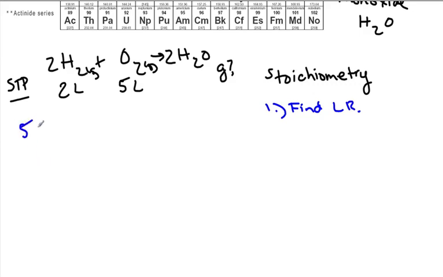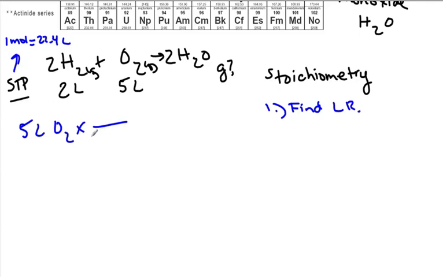Well, we know we have 5 liters of oxygen, and we know we're at STP. What does STP mean? At STP, 1 mole equals 22.4 liters, and moles relate to mass, liters is volume. So that's a thing relating volume and mass. And we can use that because we know we're at STP, which means we're at 1 atmosphere and at freezing point.